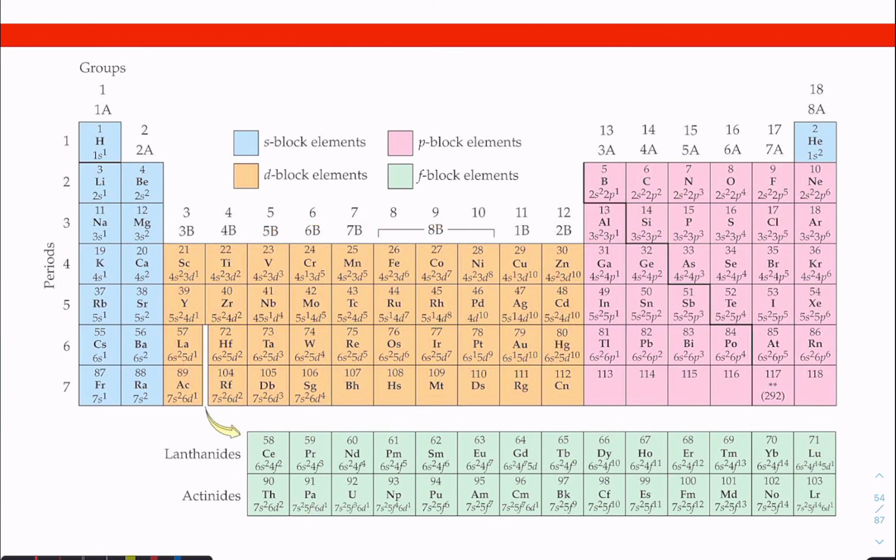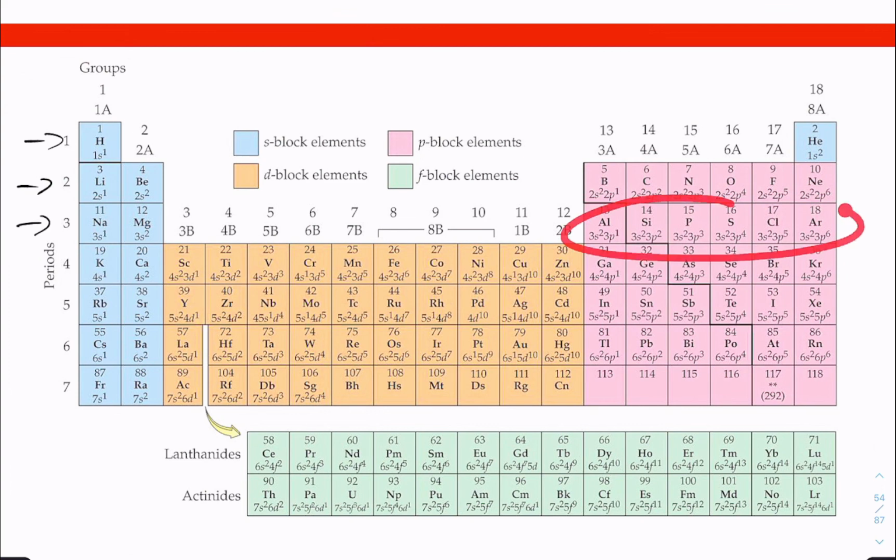So if we start at the top, we start with 1s, and then we go to 2 and 2s. All right, so this is the 2s. Then these are all p, so we go to 2p, fill all those up. Then we go to 3, fill 3s next.